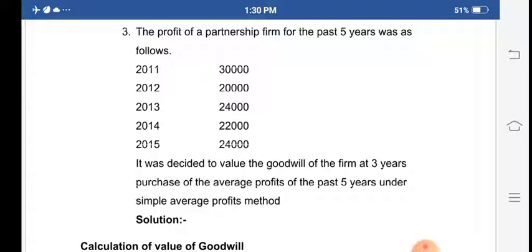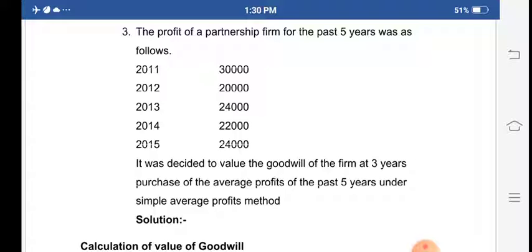Each year the profit is given. For 2011 it's rupees 30,000, for 2012 it's 20,000, for 2013 it's 24,000, for 2014 it's 22,000, and for 2015 it's 24,000.